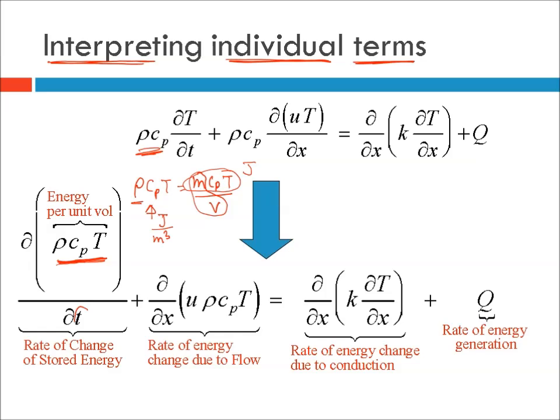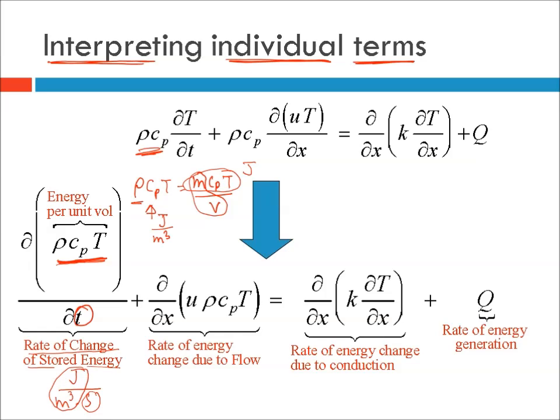And then we have a time unit in the denominator. So the unit for this term is joules per meter cube per second. So what is the meaning of that? It's the rate, because there's a time in here, rate of change of stored energy. Stored energy is joules per meter cube and this is the rate of change of that.